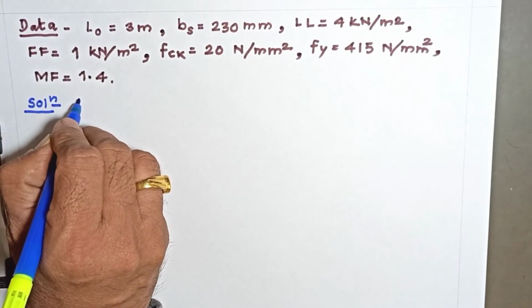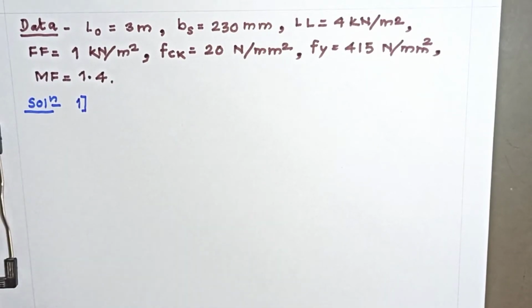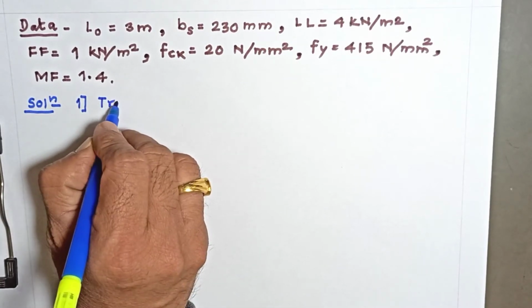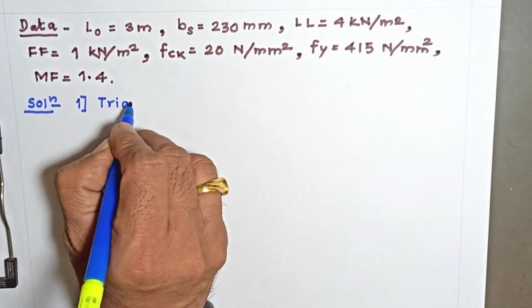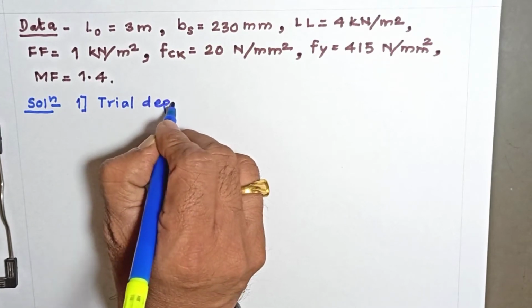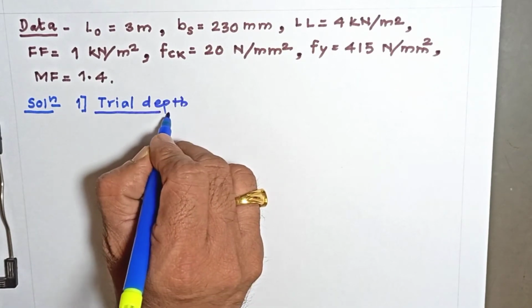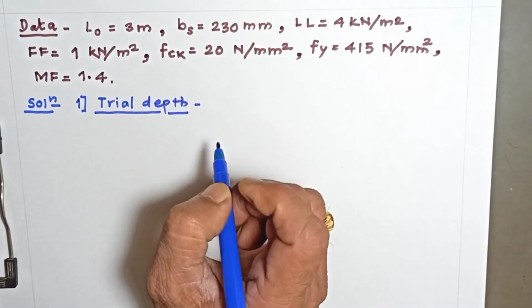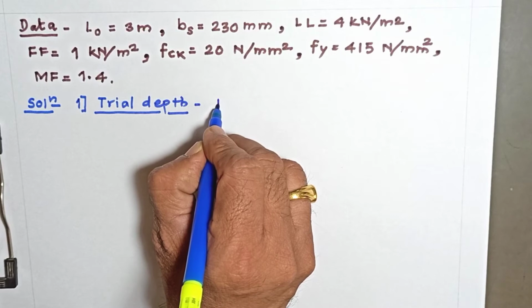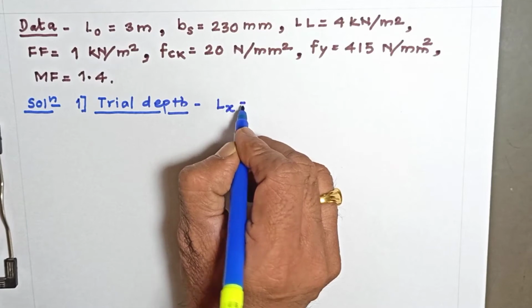Let us see the first step. Now the first step is to find out the trial depth. For finding out trial depth, we will first have to take down the value of Lx, that is, the effective length. This is a one-way slab, only one span is given.